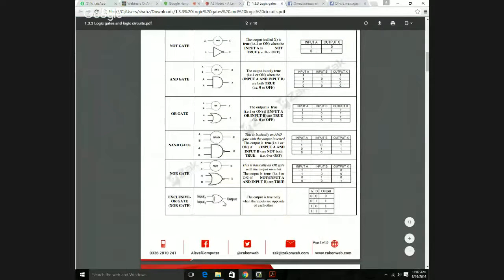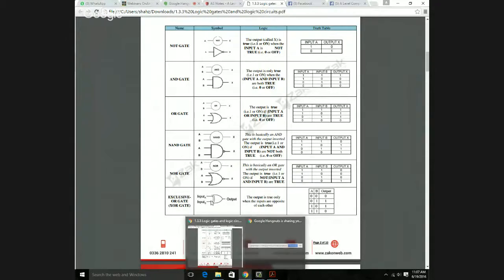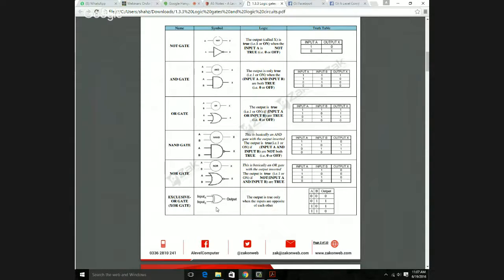So what is the XOR gate? The XOR gate says that the output will be 1 only if the inputs are not the same. So what does this mean? For example, if inputs are the same, output will be 0. Inputs are the same if, for example, A and B both are zeros. This means inputs are the same. A is 0, B is 0, they are the same.